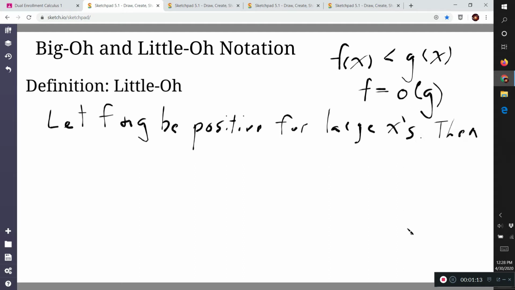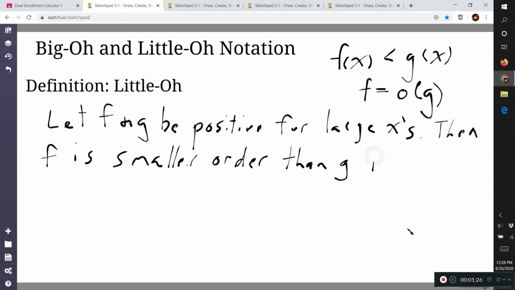Then f is smaller order than g if the following holds. The limit as x goes to infinity of f of x over g of x equals 0.